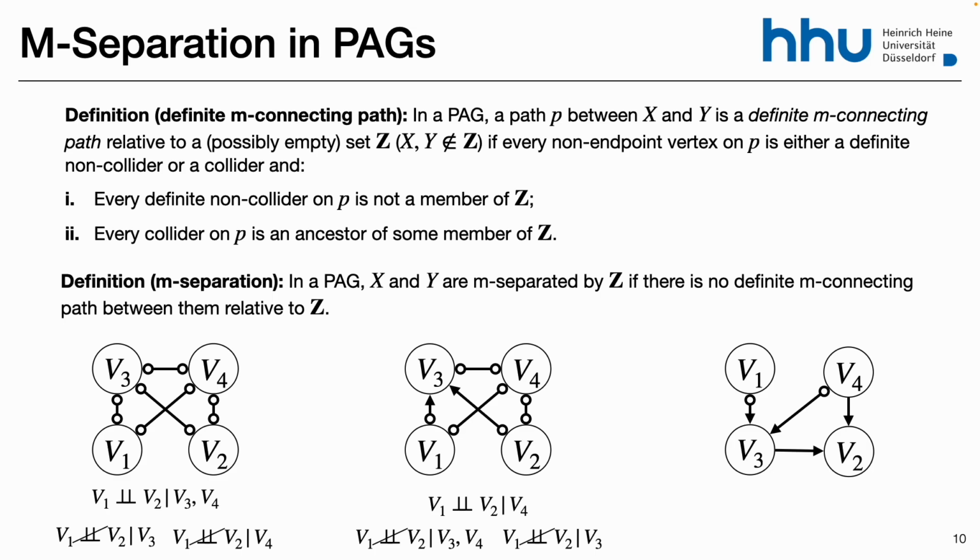Let's start listing the paths. V1, V3, V2. This is the first path that's definite status. So V3 is part of the conditioning set.